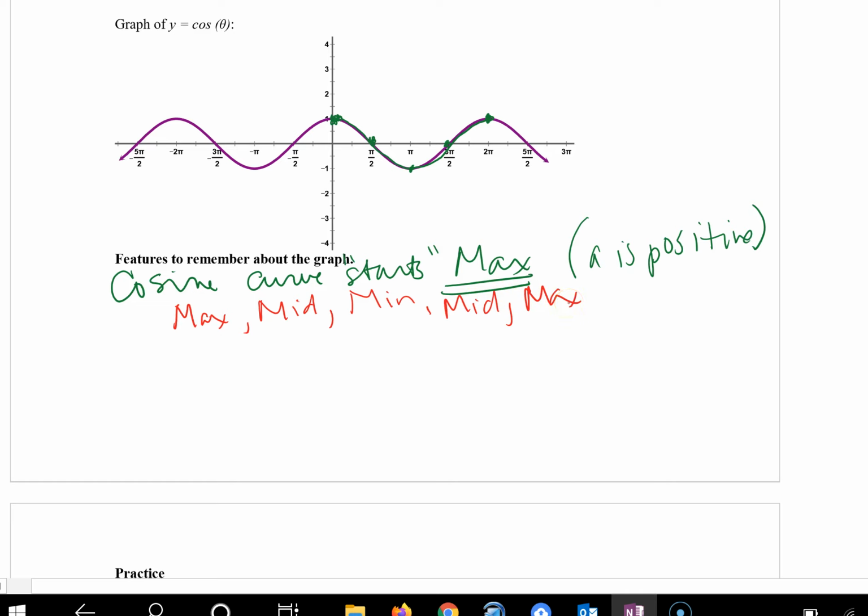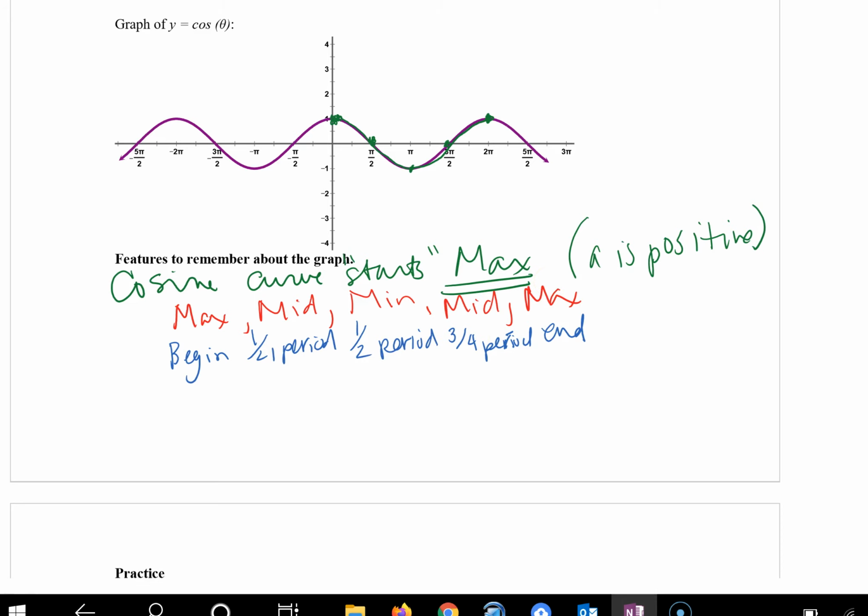Just like in the previous example, this indicated the beginning, the end, half the period, 1/4 the period, and 3/4 of the period. Again, this is if A is positive.